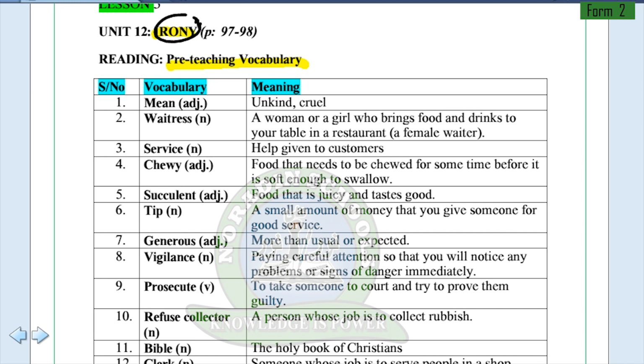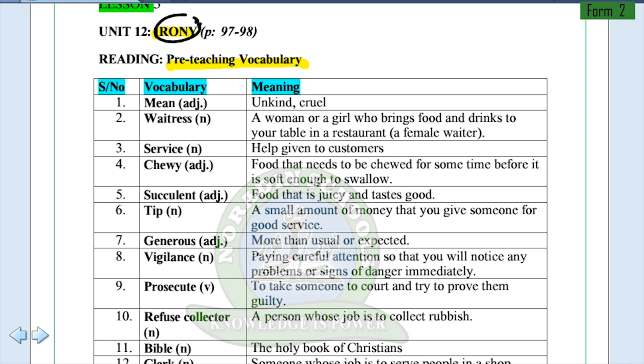Second, you have to know its pronunciation, very important. You have to know its usage. If I know a word, I must be able to use it. But if I know the meaning and cannot use it, it's incomplete information. So, mean, let's make one example: Ahmed is a very mean person.